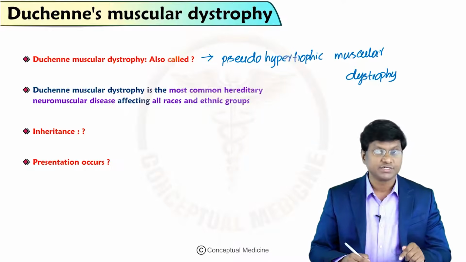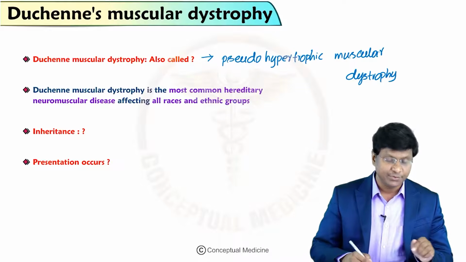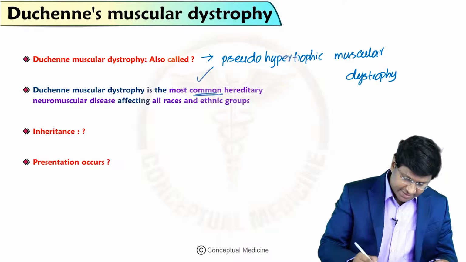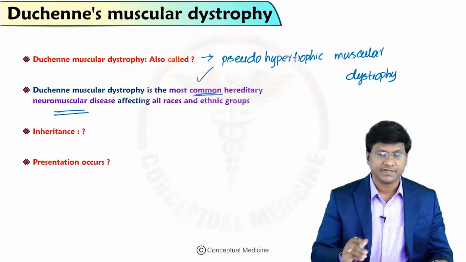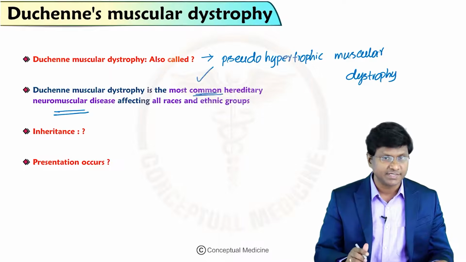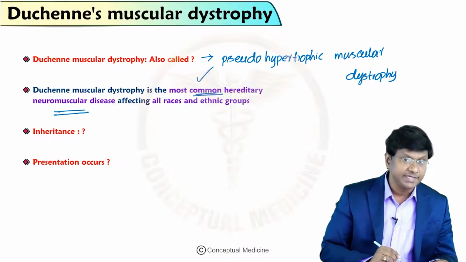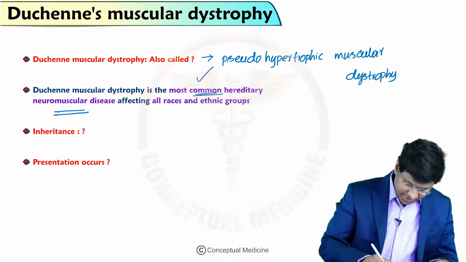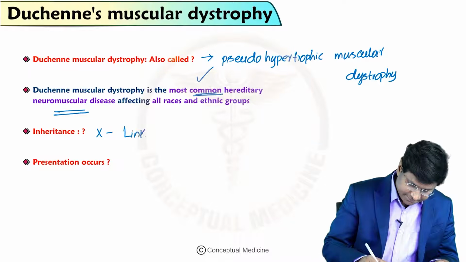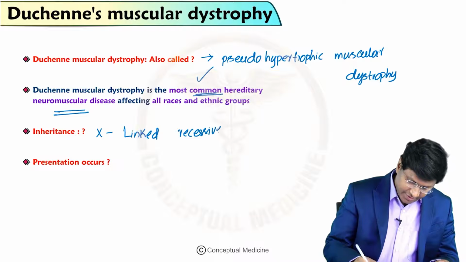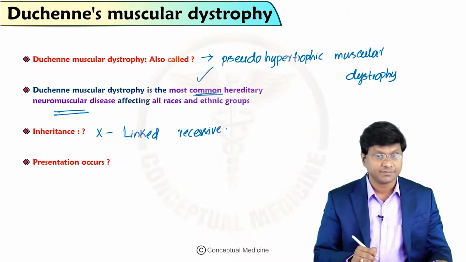And this Duchenne's muscular dystrophy, as I said in the beginning, is the most common cause of hereditary neuromuscular disease affecting all races as well as ethnic groups. And if you take the inheritance of DMD, it is an X-linked recessive disorder.